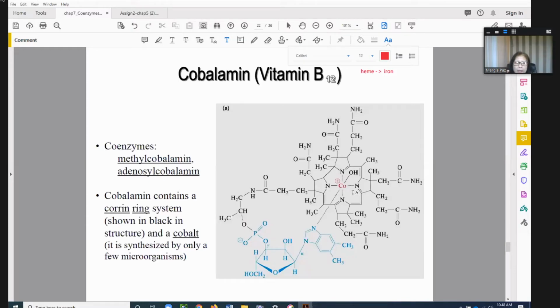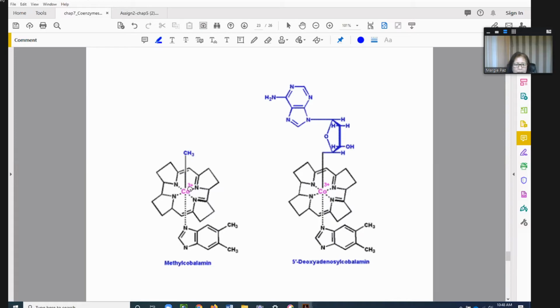What are the coenzymes derived from vitamin B12? Methylcobalamin and adenosylcobalamin. In methylcobalamin, instead of this hydroxyl group bound to cobalt, there is a methyl group bound to cobalt, and that coenzyme is called methylcobalamin.